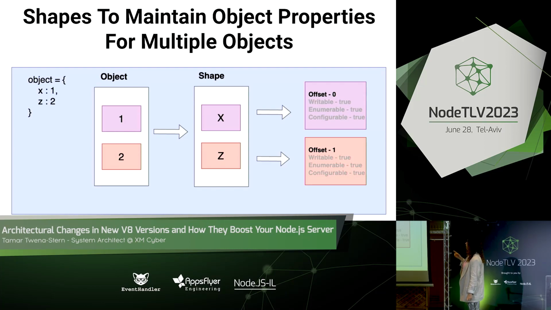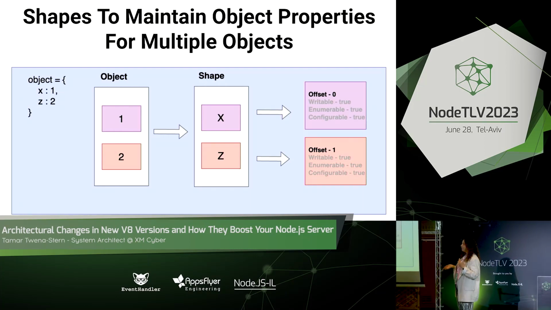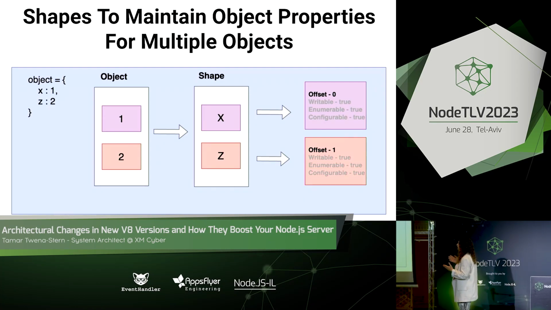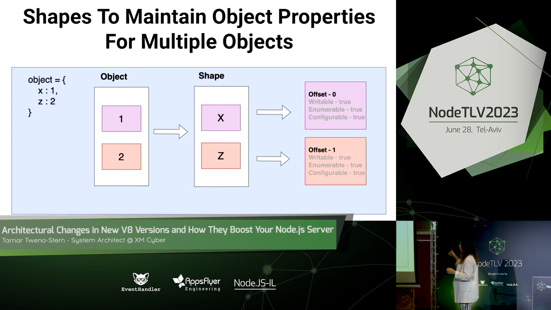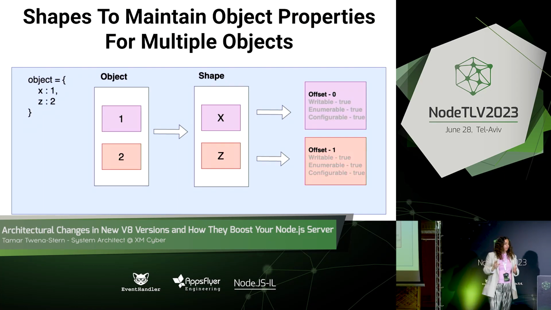The change here is that the property names are on the shape, and there is a pointer to those characteristics, but instead of the value, we have the offset. You see? So if I want to fetch the value of X, I go to the memory allocation, go to the shape, understand that I need X, go to the offset. I see that this is offset 0. Go to offset 0 and fetch the value. The value is 1.